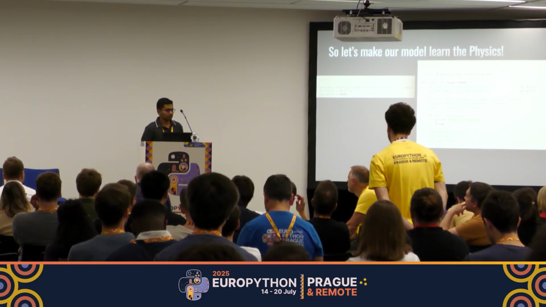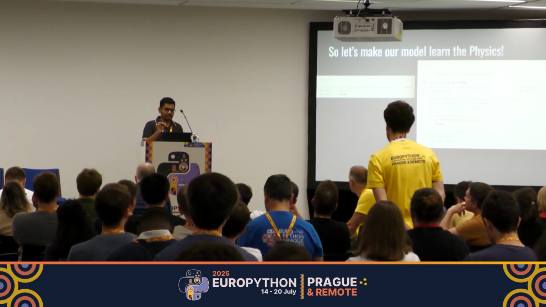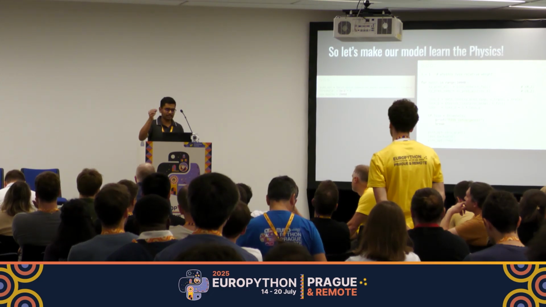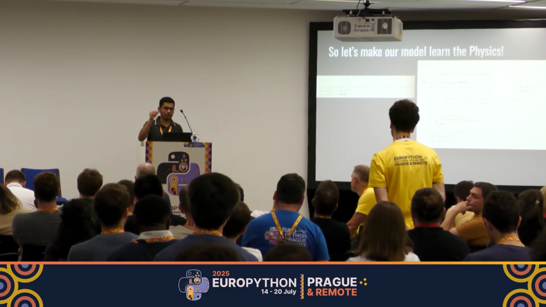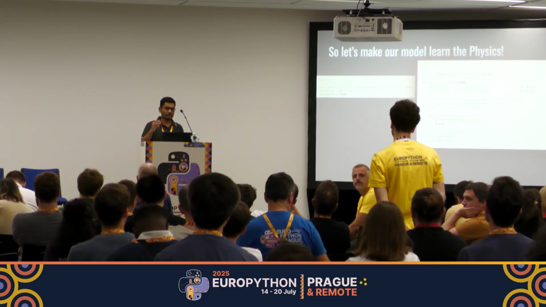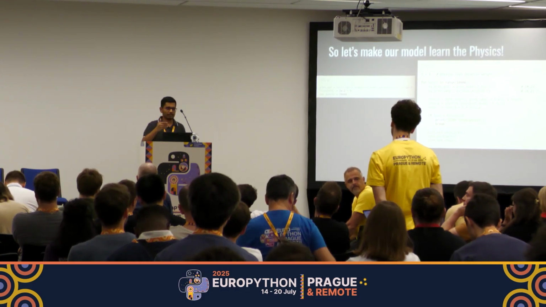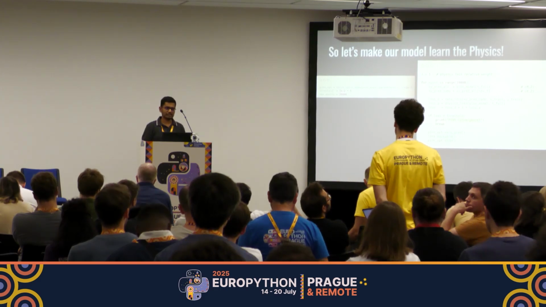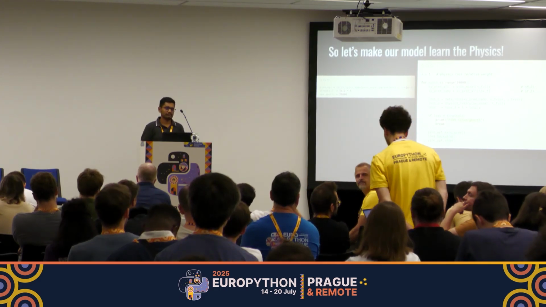To solve those equations analytically at such a high resolution, like 15 to 60 million cells, is much more expensive than training a model, which has some upfront cost in training, but after that training cost, you will just infer from it. So it would be much cheaper. Okay, in that way, it is better. Thank you. Yeah.